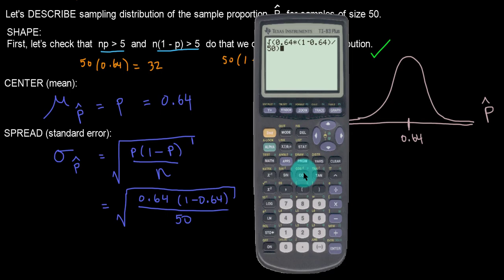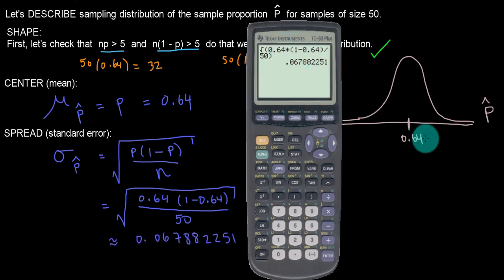So we're talking about the spread on something that's already usually considered a small number. So I've got p times parentheses 1 minus p. I don't know if I entered that correctly there. Divided by 50, close parentheses. Okay, so like I mentioned, a pretty small value.